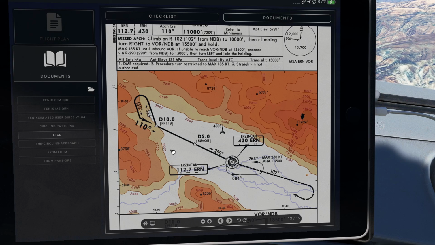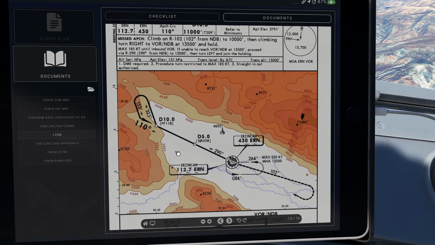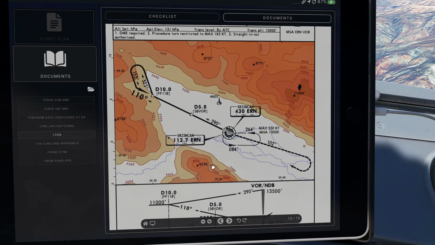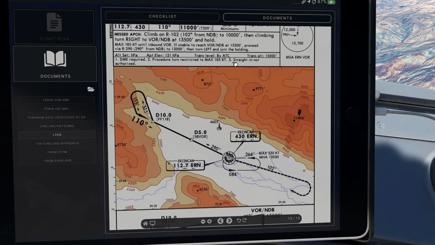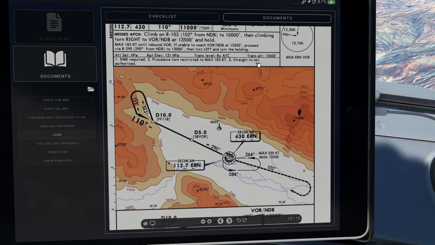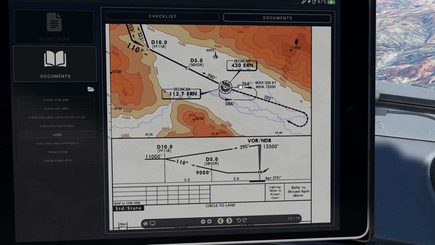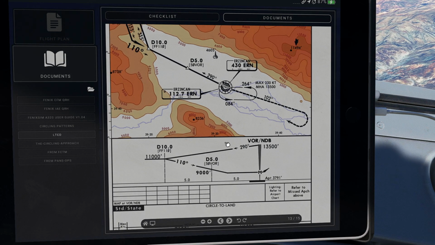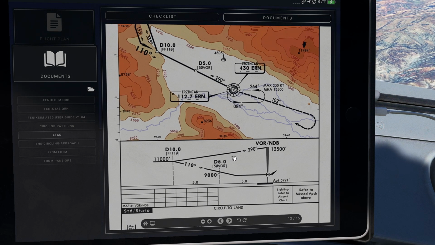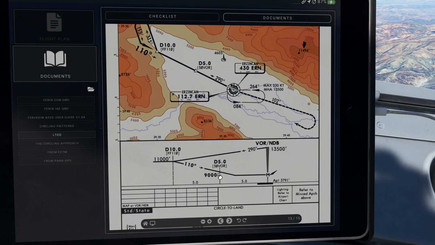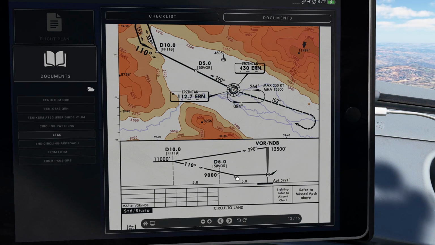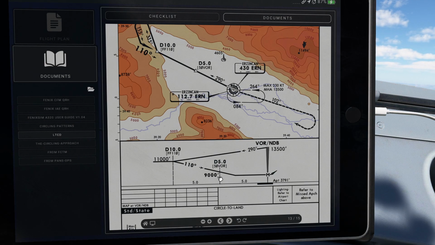The 6 degrees is not a lot, but the main cause that you are not allowed to go through the straight-in approach is that at 5 mile, based on the constraint, you should pass 9,000 feet.